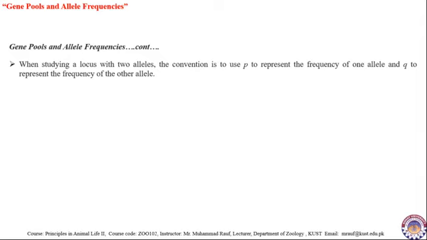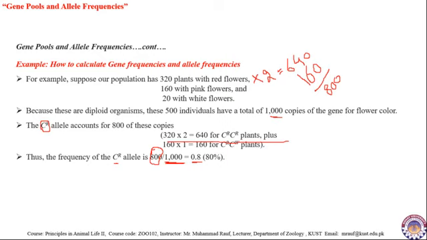And similarly, you can calculate the allele frequency for CW also. These 160 pink flowers mean 160 alleles are CW.